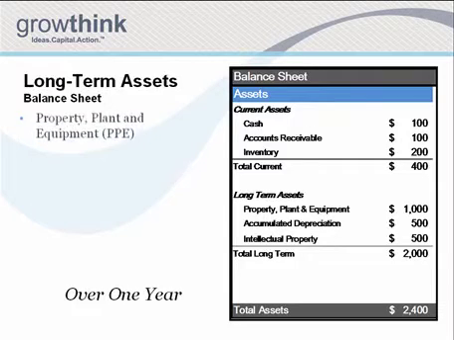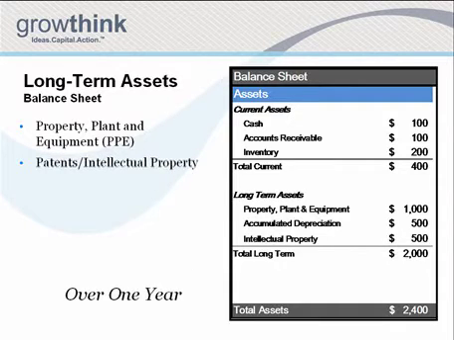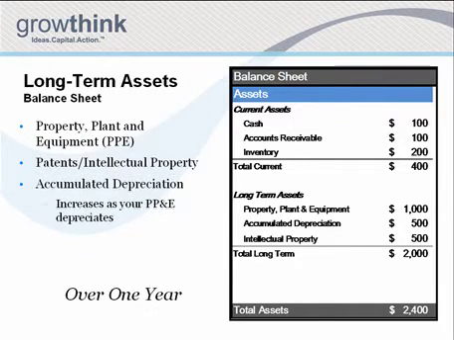Moving on to our long-term assets, they're often referred to as fixed assets, although from an accounting standpoint, that is not sufficient. You've got to say other assets and intangible assets is how they're broken out. So we're dealing here mostly with property, plant, equipment, and your intangibles, which are your patents and intellectual property as well.